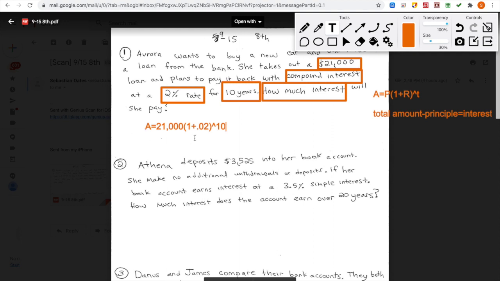Now, if you're wondering how I got 0.02, this is what we need to do. We know that we have 2%, but we can't put that into the calculator. We have to turn this into a decimal, and we're going to do that by moving it over 2 decimal spaces. And in this blank spot, we're going to put a 0. So that's where this 0.02 came from.